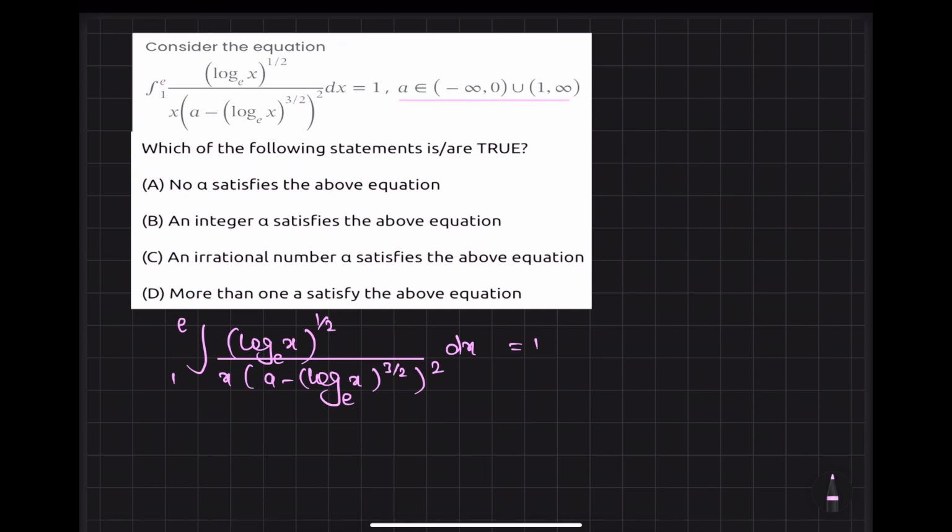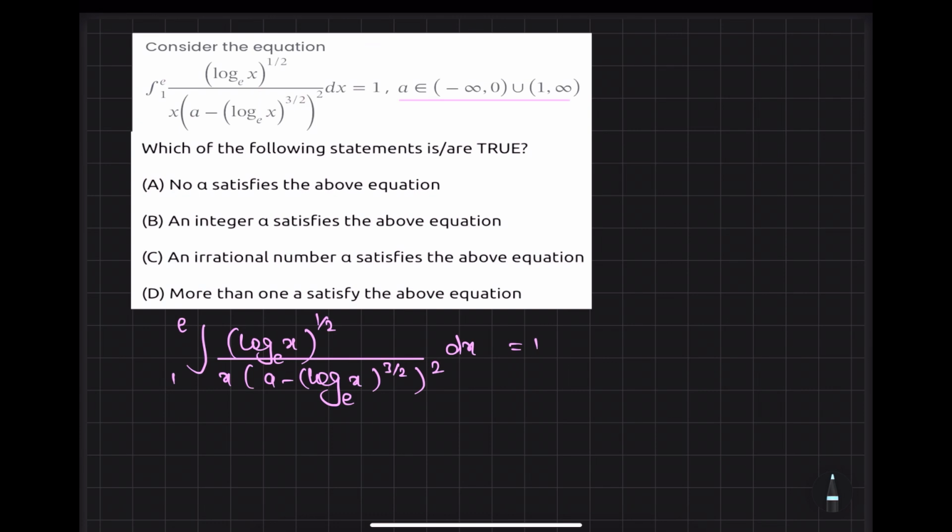Now you know that you have to integrate this function for sure. You also know that this question looks ugly, and we have to take help of substitution to integrate this kind of questions.